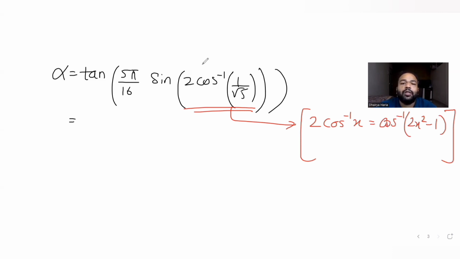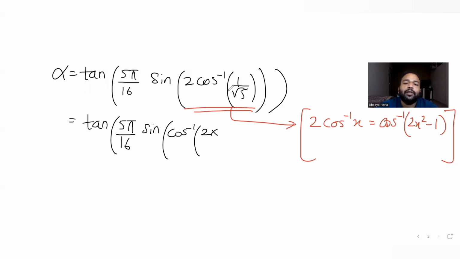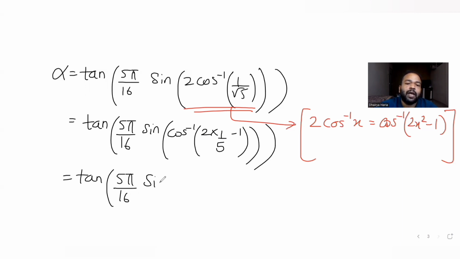So tan of 5 pi by 16 into sine of 2 cos inverse x becomes cos inverse of 2x square minus 1, where the square of x is 1 by 5. So we get tan of 5 pi by 16 into sine of cos inverse of 2 by 5 minus 1, that is minus 3 by 5.